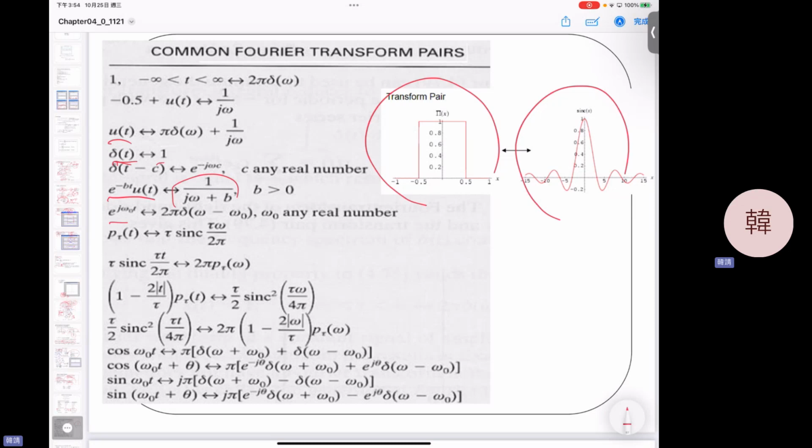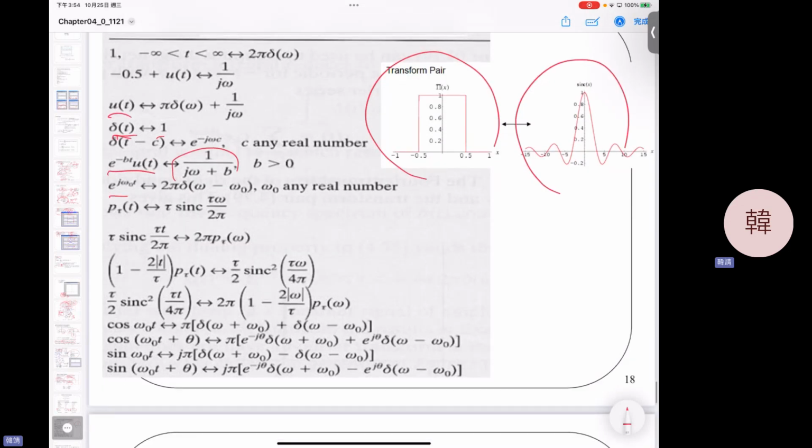And like p_tau(t), this is the rectangular pulse in the time domain with width tau seconds. The result we just demonstrated is a sinc function. So that gives you some idea of transform pairs.